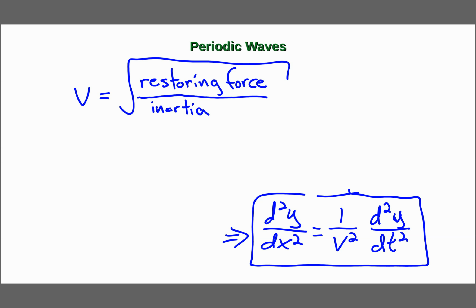Okay? So for a wave on a string, the velocity ends up being the force of tension divided by mu, where mu is the mass per unit length of the string.